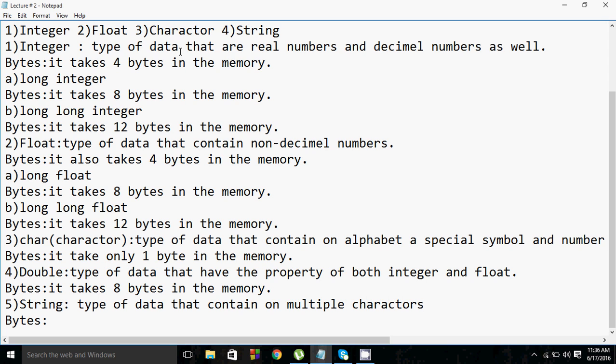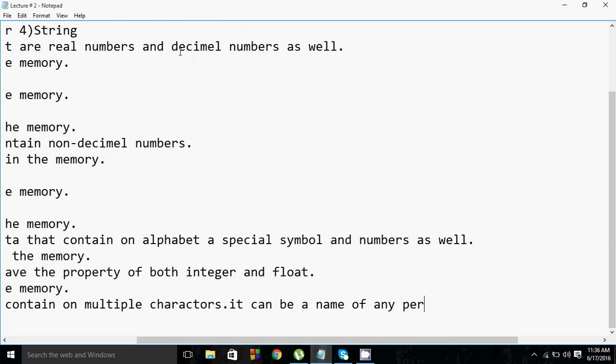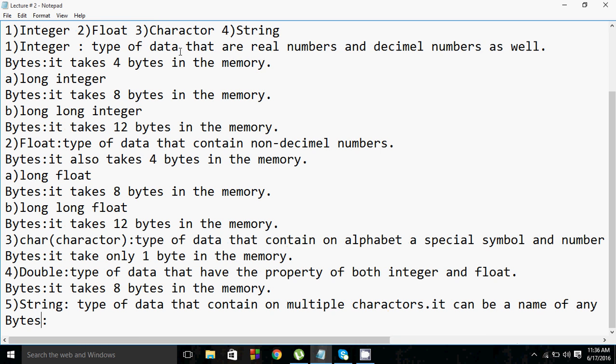Yes, multiple characters. It can be the name of any person. As we know that names are not the same, they are different.